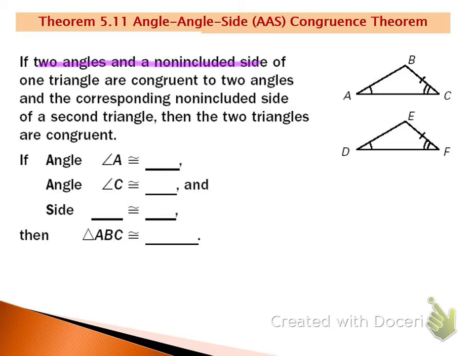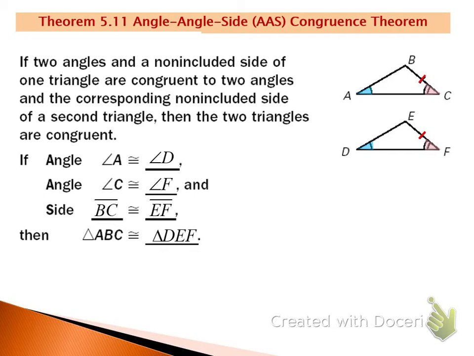All right, so in this case, the side is not in between. So we have angle A marked congruent to angle D. Angle C marked congruent to angle F. Then we have two sides, right? What side is marked congruent in the first triangle? BC is congruent to EF. And then last, triangle ABC is congruent to triangle DEF. Good.